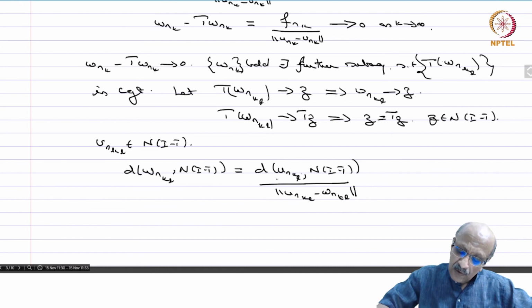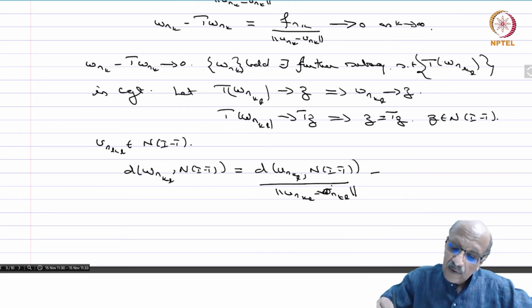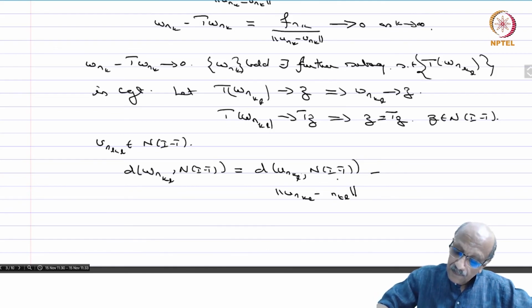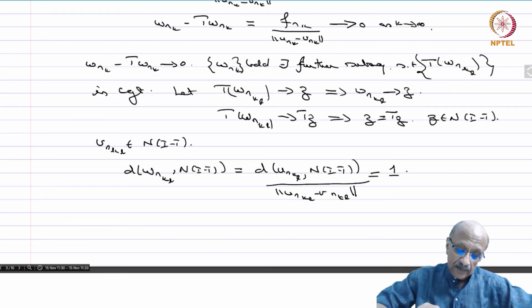Now, distance of Unkl from N of I minus T is precisely what is in the denominator. Sorry, Vnkl, not Wnkl. Unkl minus Vnkl. And therefore, this is in fact equal to 1.